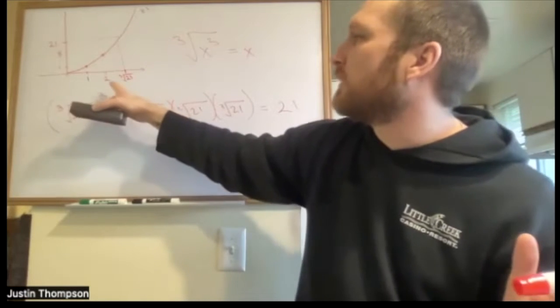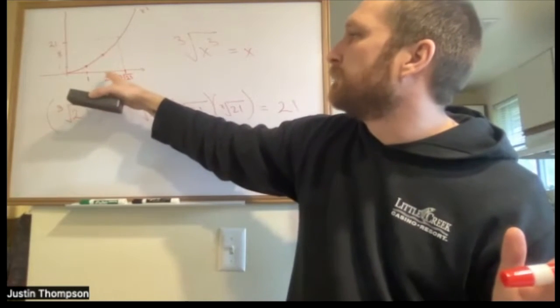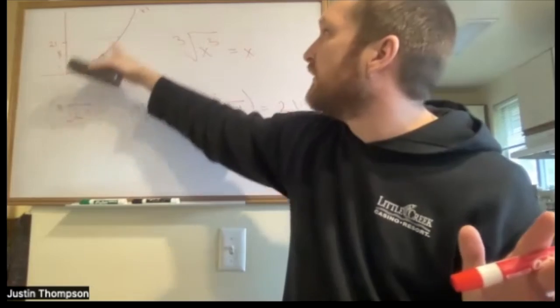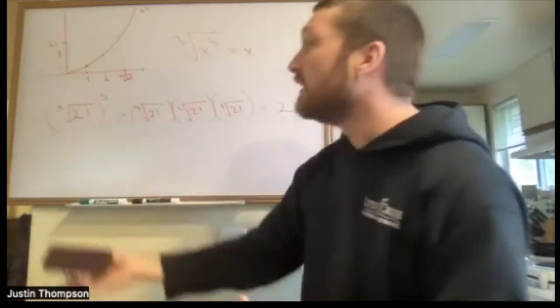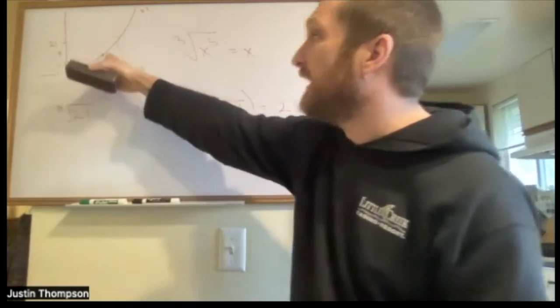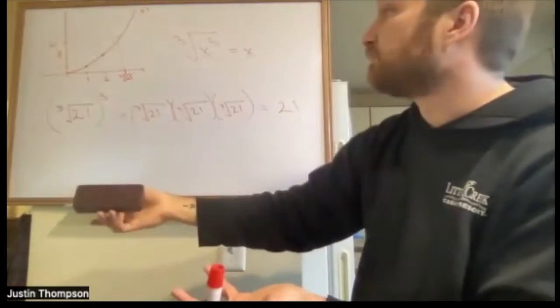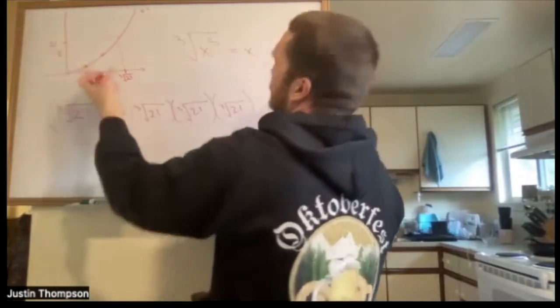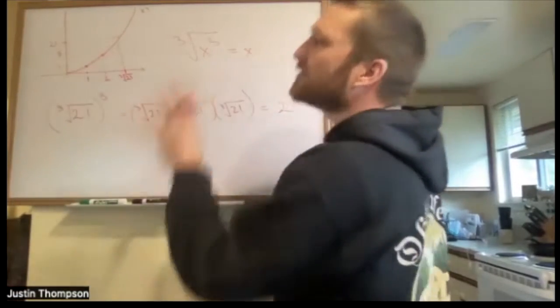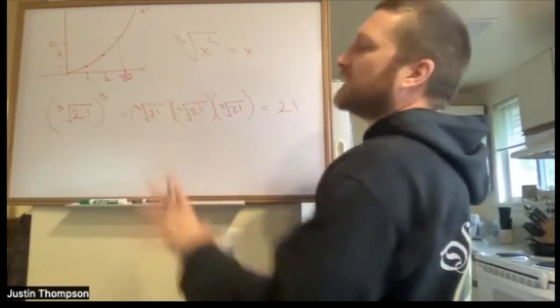If I were to plug in the square root of 2 and then cube it, it's going to give me something really ugly that's not a nice round number. If I plug in 2 and cube it, I get a nice number. It's 8. Similarly, if I take 8 and take the cube root of it, I get 2. Beautiful. Most numbers, though, aren't perfect cubes.